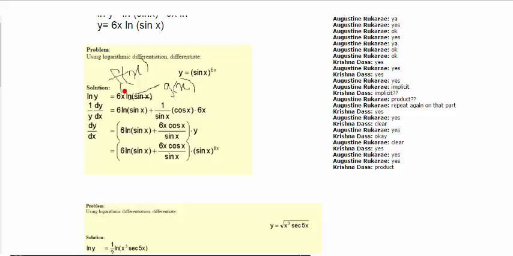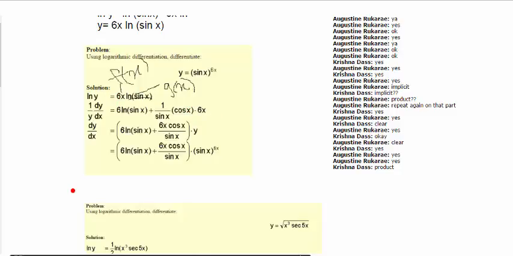So I differentiate the 6x first, which is 6, and I leave my g(x) as it is, which is ln sin x. Now, differentiating sin gives us cos, right? You have to know all this. So differentiating sin x, we get cos x. As per the ln rule, the differential part will be on top, and the original function, which is sin x, will be in the denominator. Then we multiply by f(x), which is 6x.